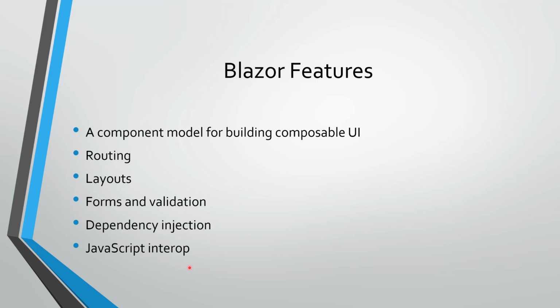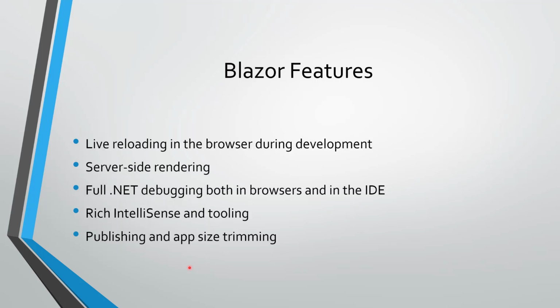Okay, so what can it do? Well, it does components like I mentioned, routing, layouts, form validation, dependency injection, JavaScript interop. What doesn't it do, right? It does live reloading. That is, if you make some changes here, it just kind of automatically appears on the other side.